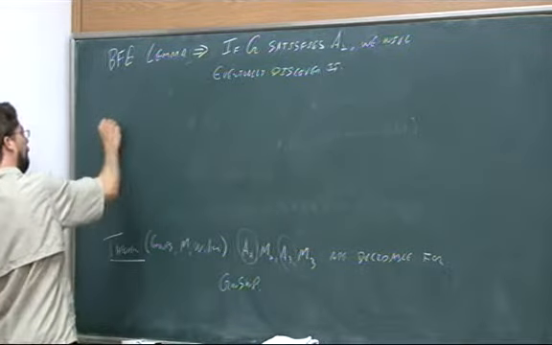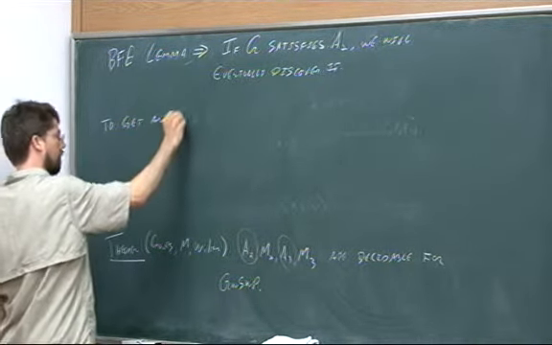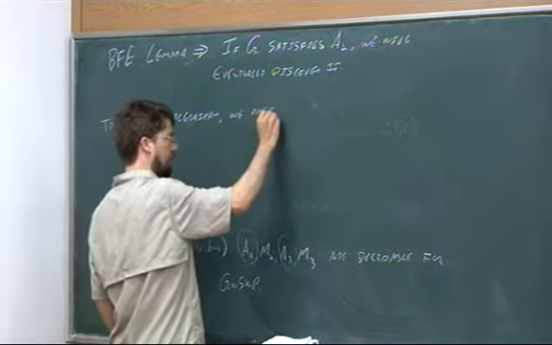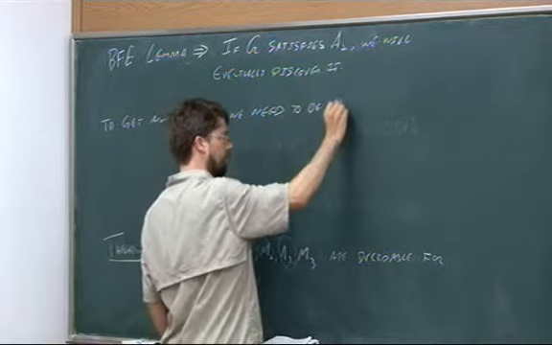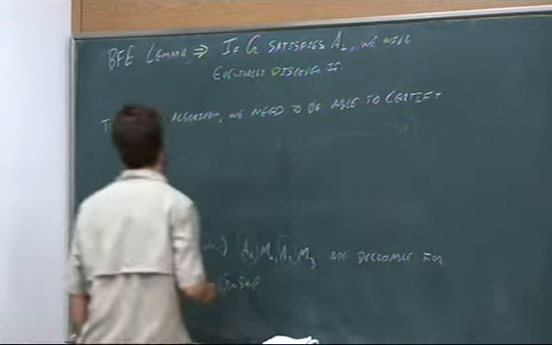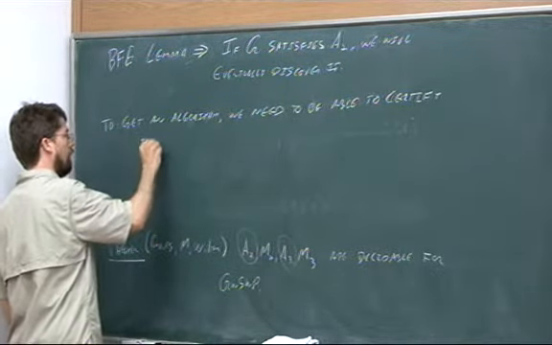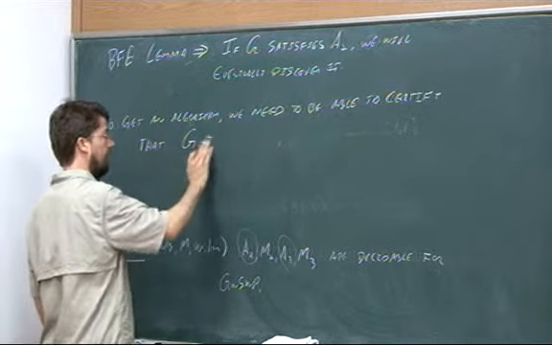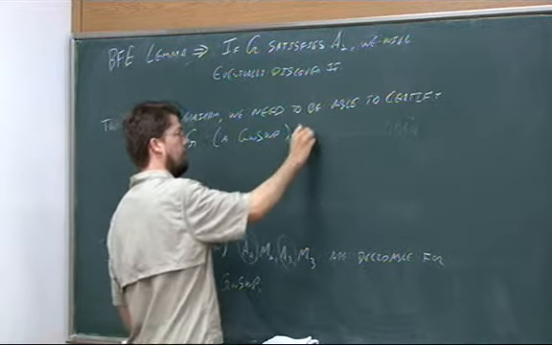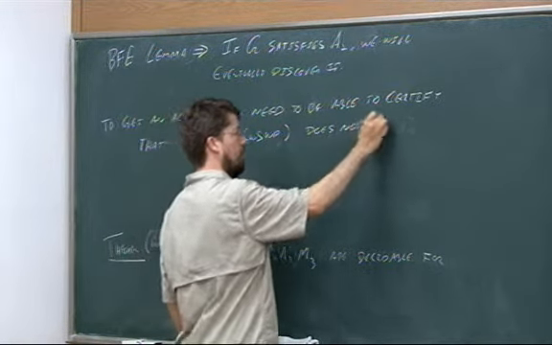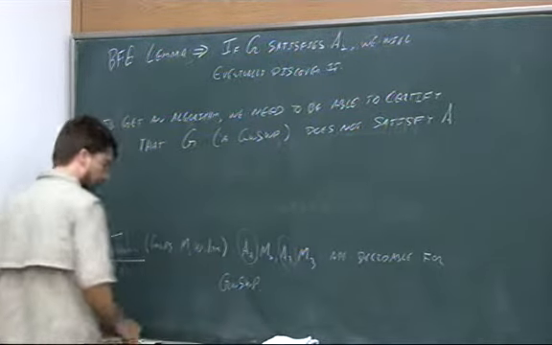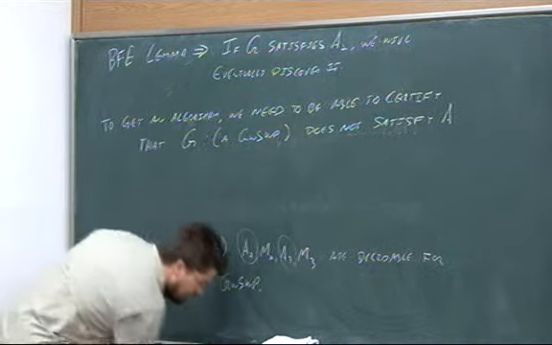So to get an algorithm, we need to be able to certify, with some finite amount of data, that G, a goose whip, does not satisfy A2. The certificate that I described last time had to do with this factor set.